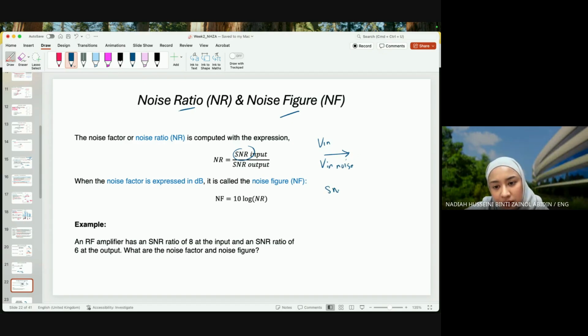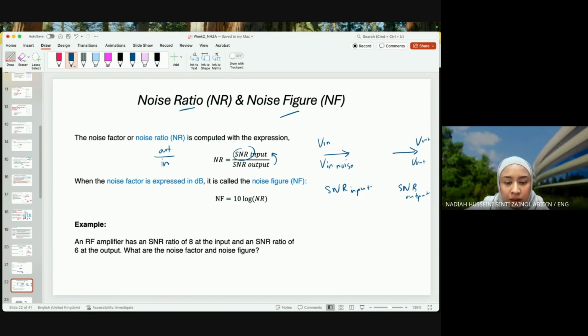So what is the SNR? That is the SNR input. And then at the output, you have V out noise. So that is going to be your SNR output. So the noise ratio is SNR input over SNR output. It's flipped. We always see out over in. In this case, it's input over output.